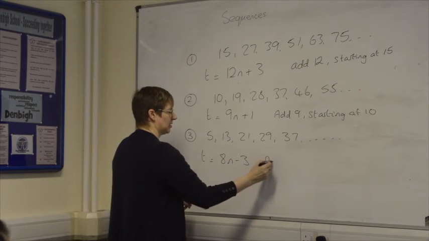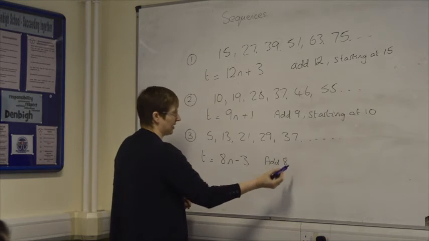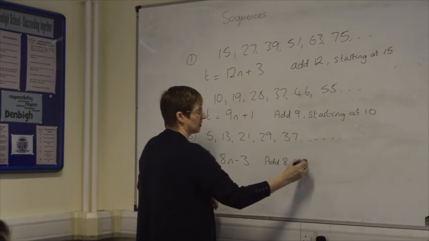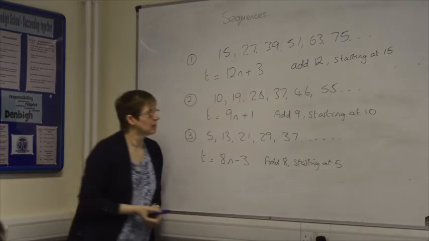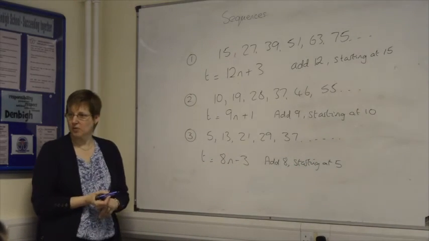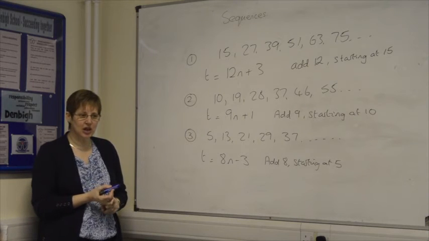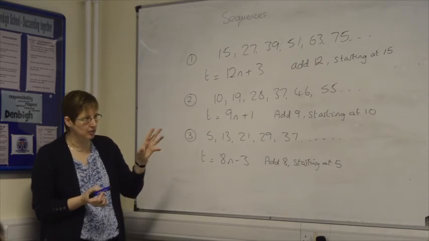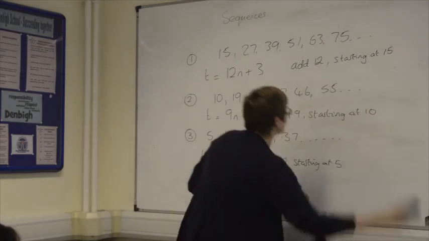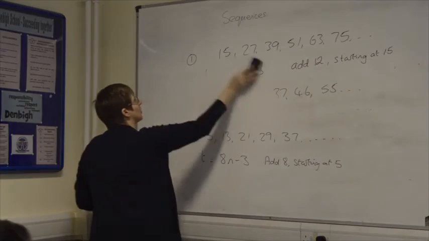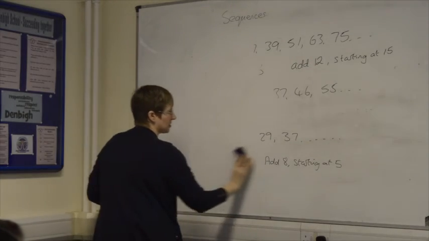Add 8 starting at 5. Well done. Good. Everyone happy with those? Right, who managed to have a go at some negatives or some getting smaller ones? Right, well let's have a try at a couple of those then, and see what you came up with there.